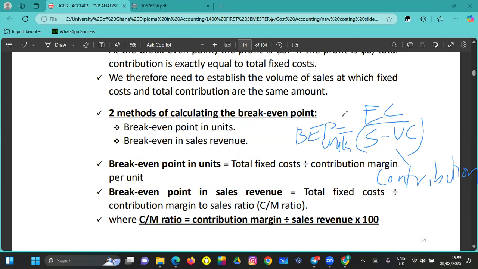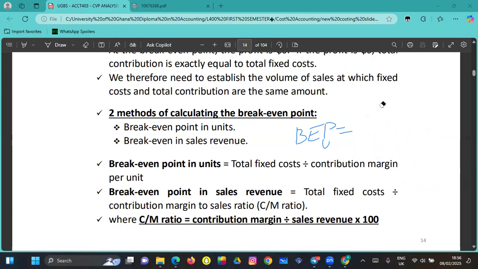In some questions, they might give you the contribution, then you just put it down straight. Or in some questions, they will give you selling price and then the variable cost, then you have to subtract to get your contribution. But if you want to get the break-even point in sales, we have two ways.